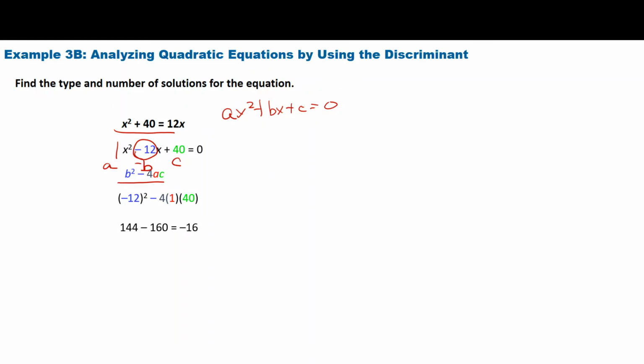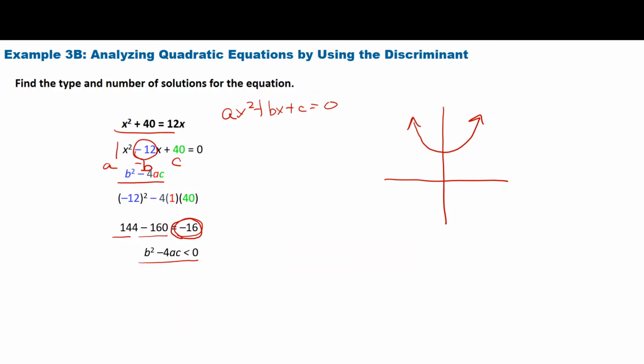And when we do that, we come up this time with 144 minus 160 equals negative 16. So that tells us that b squared minus 4ac is less than 0. So when it's less than 0, what that actually tells us is our parabola is going to be up here.